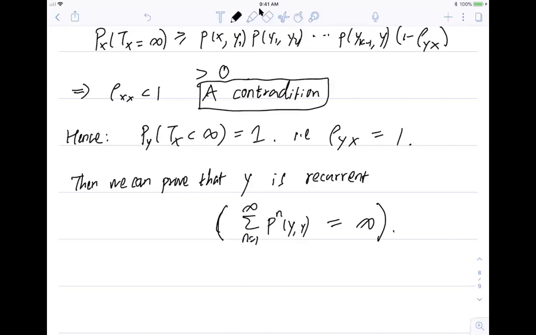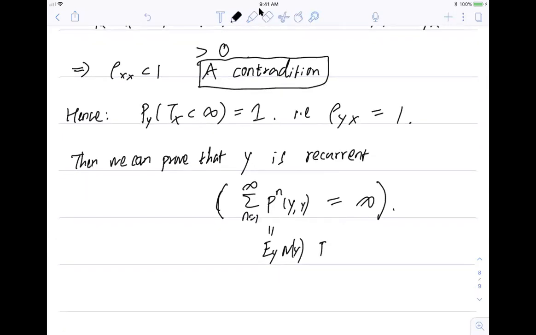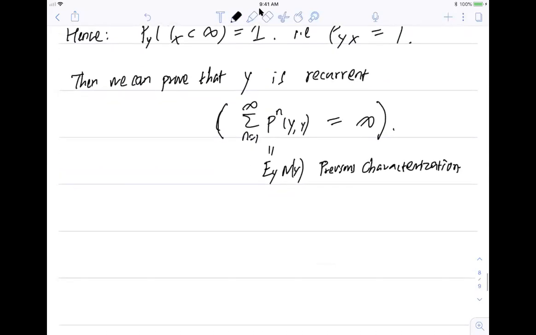This is the probability of y returning to y in n steps. So you can really check, what is this? This is E_y N_y. So then using the previous characterization, we can conclude. I will just skip that, it's very easy to do.